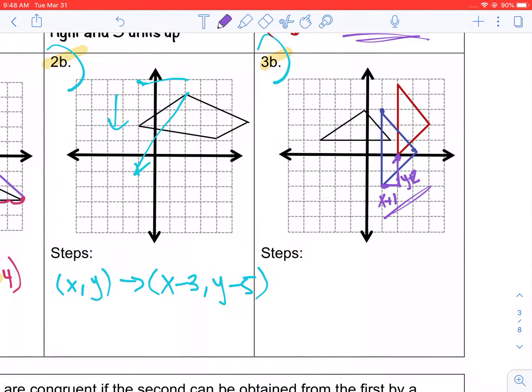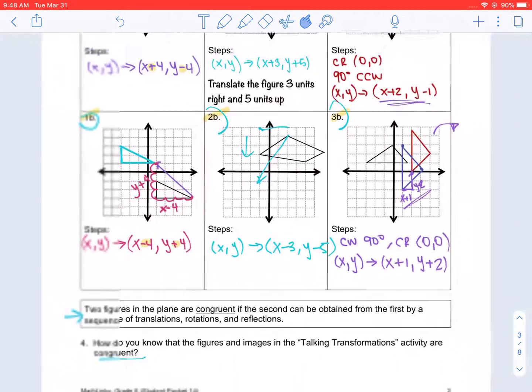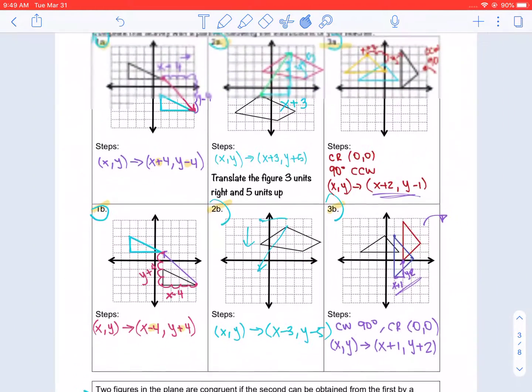So let's say I had the figure this way. I rotated clockwise. So clockwise rotation 90 degrees with a center of rotation at 0, 0, which is always going to be 0, 0. And then we're going to have a translation that maps the figure this way. And that's it. That's what we have in here.